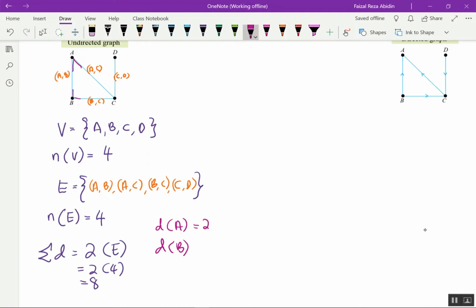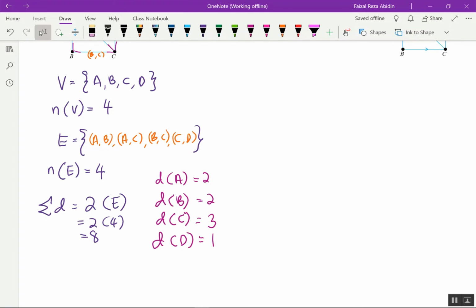This one is also 2. For C, we have 1, 2, 3. And for vertex D, we have only 1. So the sum of the degrees here also gives you 8.